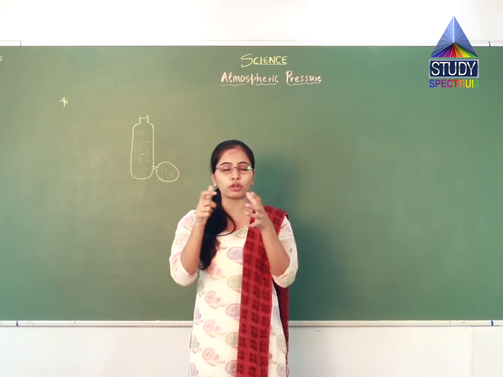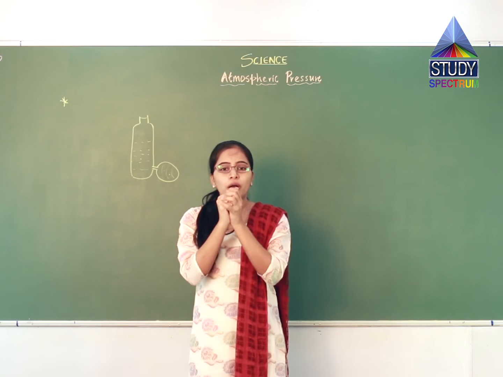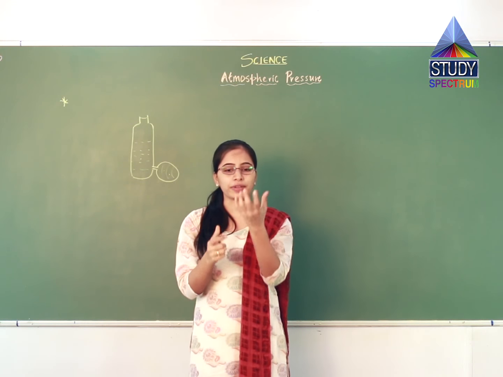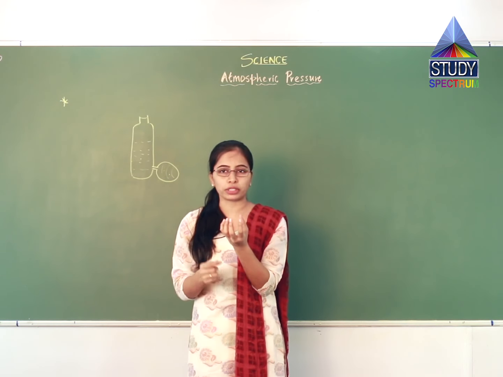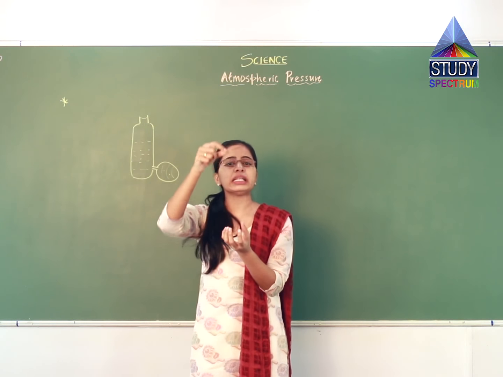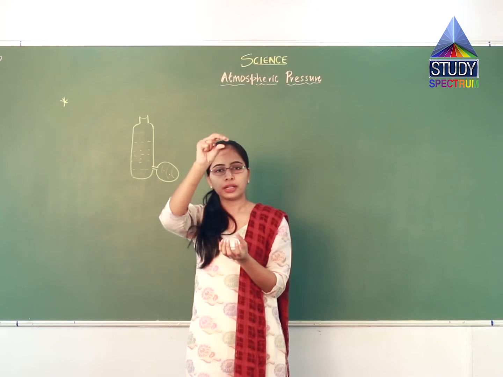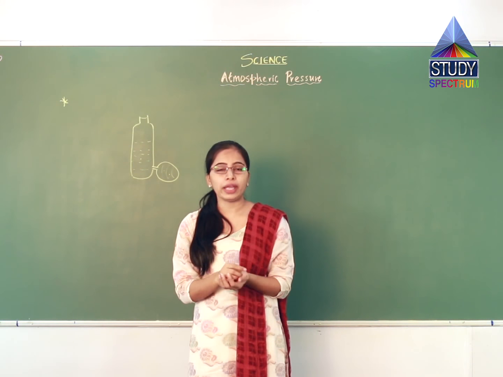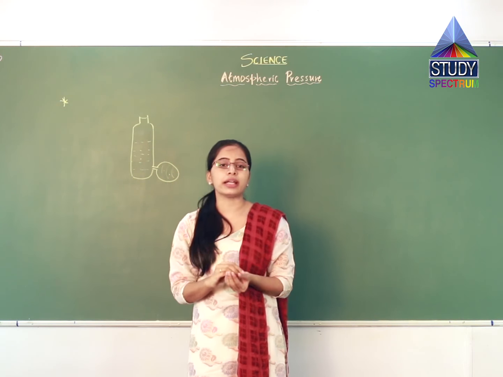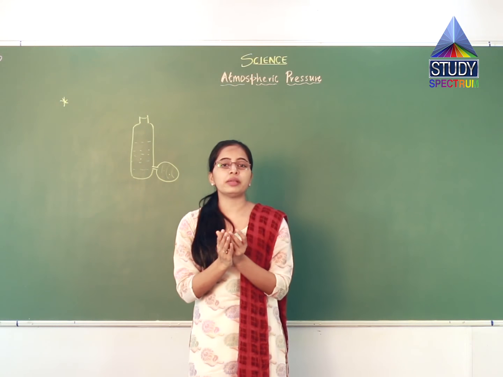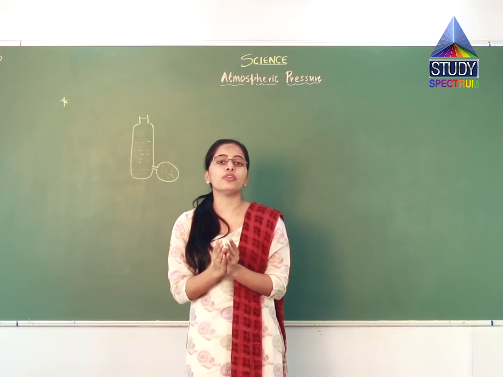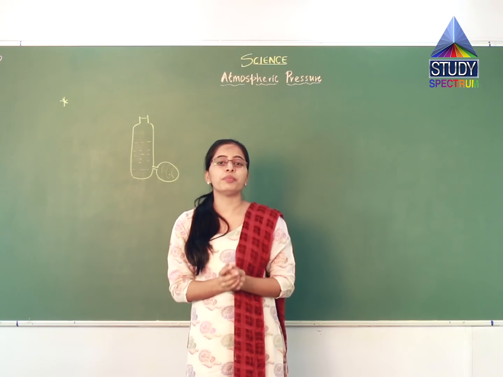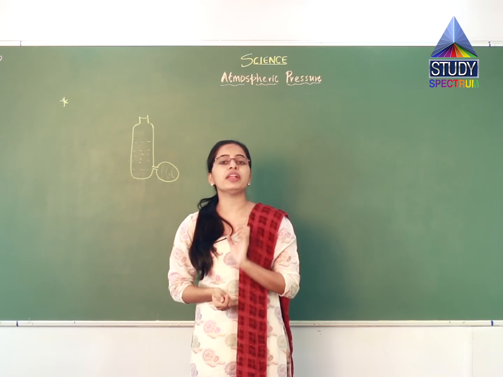What you will see, the bottle is shrunk. Now without touching the surface, just hold the bottle and slowly release the cork. You will see that because of air entering inside, the bottle will become perfect again. Now its shape will regain.